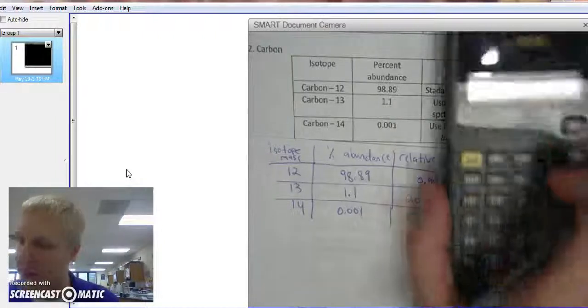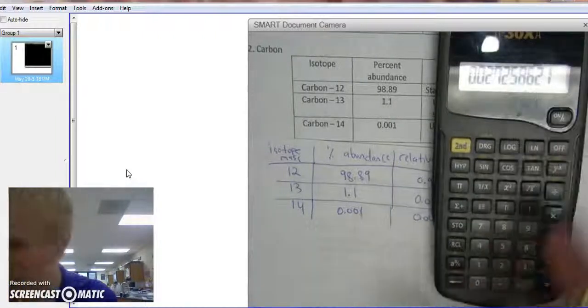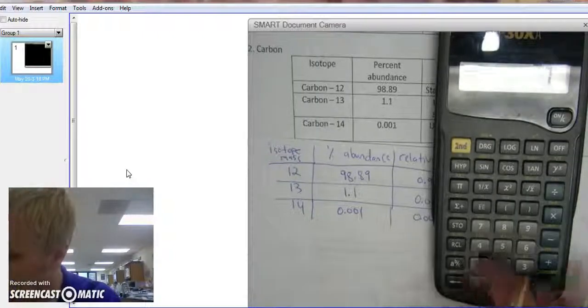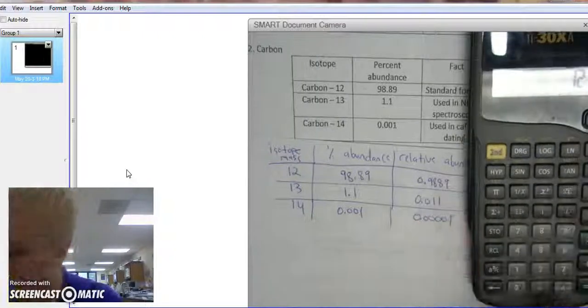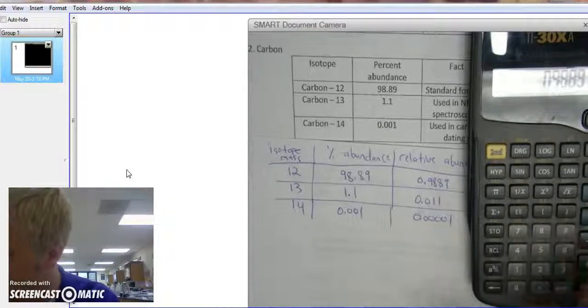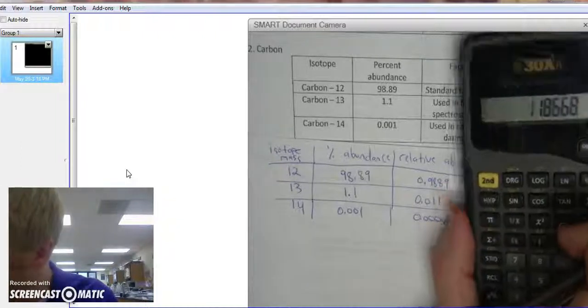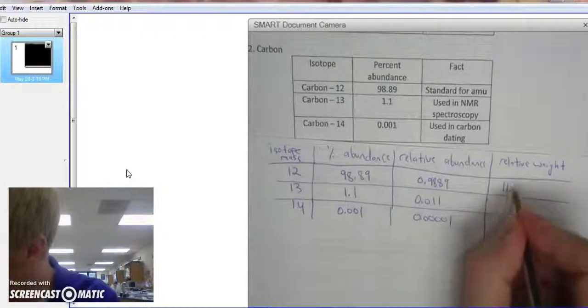We do that by taking out our calculator that we bring to class each day. 12 times 0.9889 is 11.866.